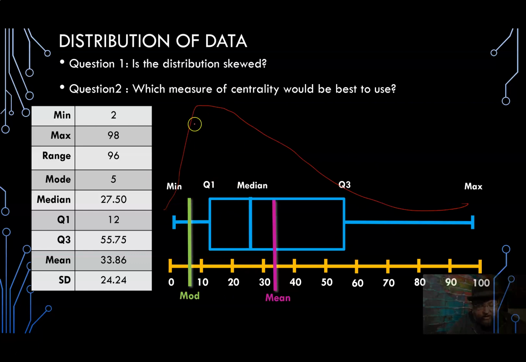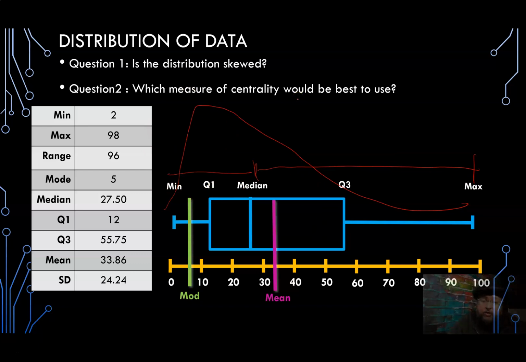We have a lot more data within this shorter range, even for 25% of the data here. From here to here is 50% of the data, and then the other 50% comes over here. So a lot of data points fall within this smaller range versus all the way over here, and so we have a skew to this other side.